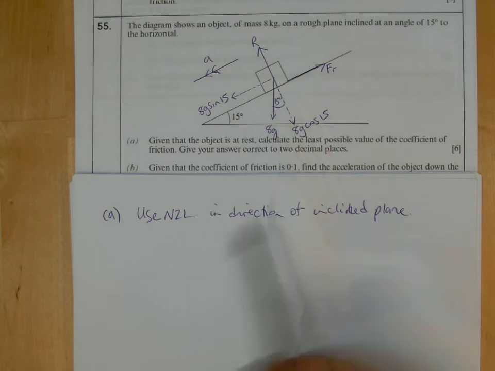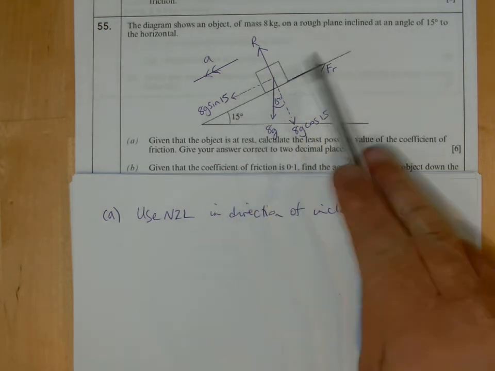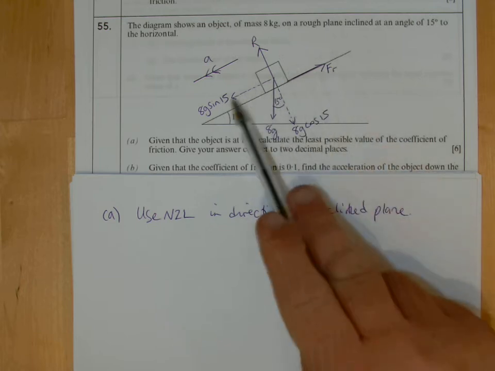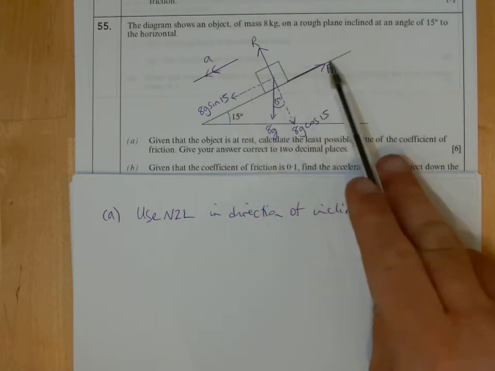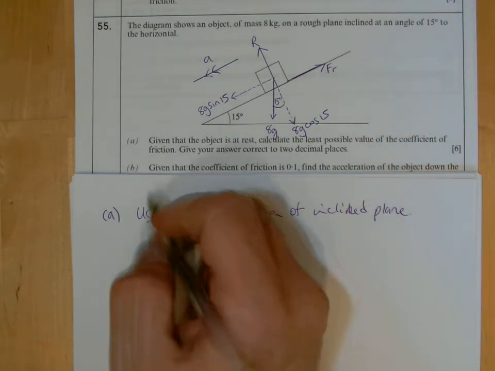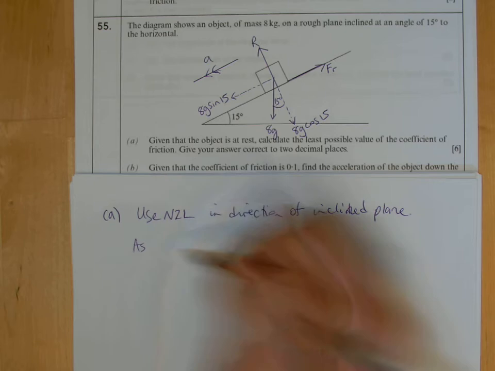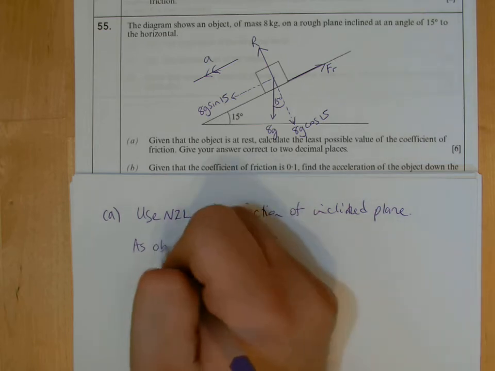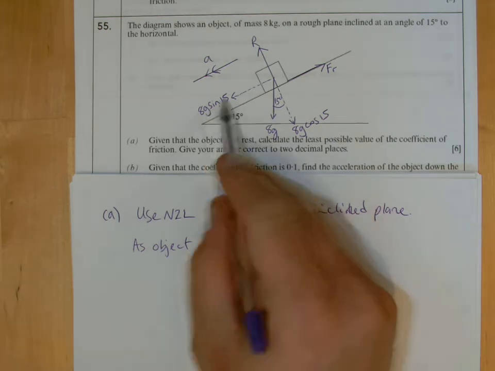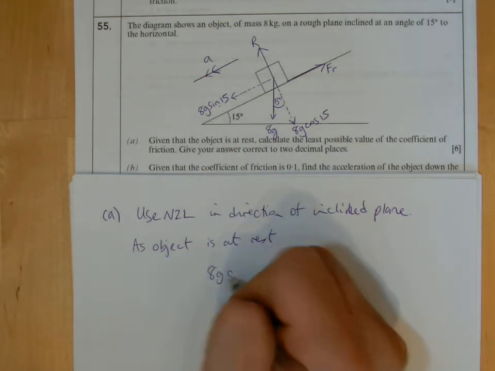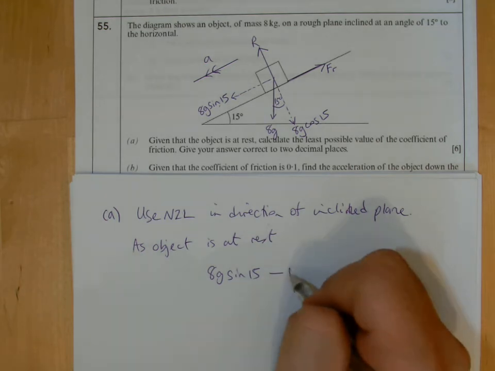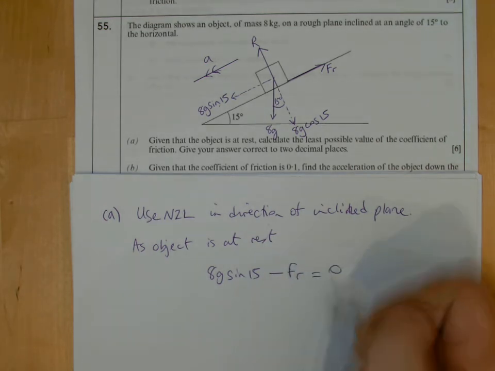So what that means is when we resolve along the direction of the inclined plane, the forward force will equal the resistant force. As the object is at rest, you've got this 8g sine 15, which is the weight component which would be making it go down the hill. Take away the friction, the resistance, and that equals 0.